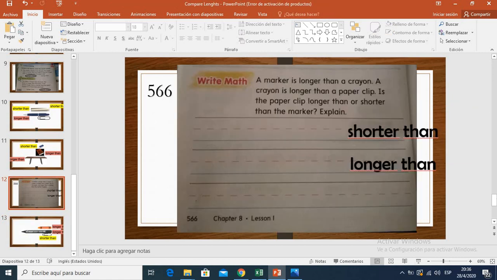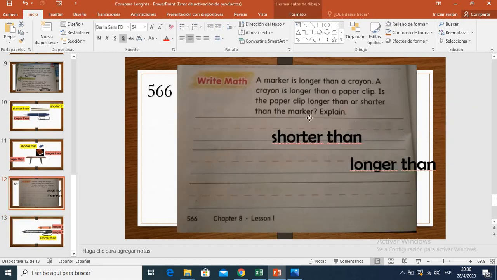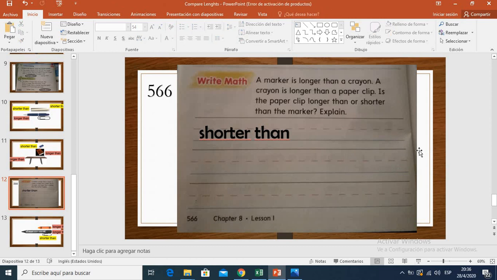So here you're gonna write the word shorter than. You see? That's what you need to write. I'm gonna erase this one because it's not longer than. It's just shorter than. And that's it. Okay? We're finished. Very easy.